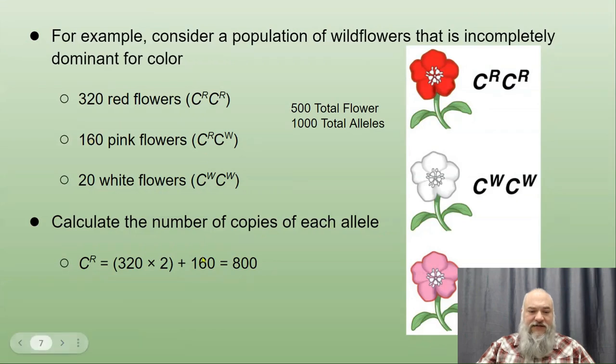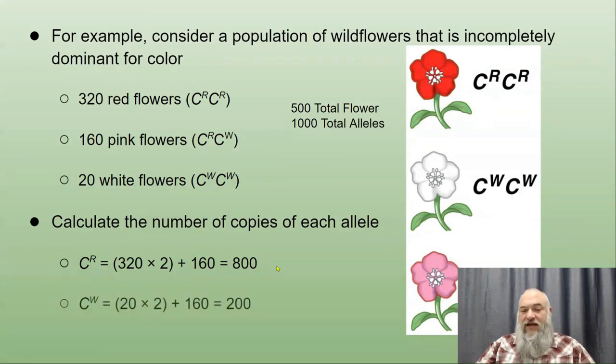So we add in those 160, and we get 800. Okay. For the CWs, we've got 20 of the ones that have 2, so 20 times 2 alleles in each one of those individuals. 160 that have 1 of those Ws. So we add that in there, and that's 200. So our frequencies, we've got 800 and 200, and you can probably do the math. This would be 0.8 or 0.2.